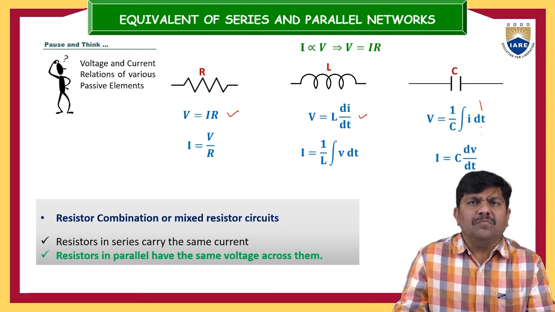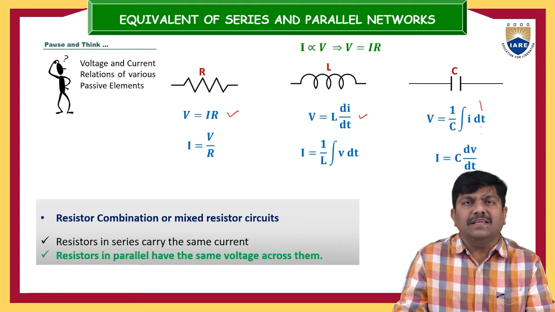Resistors may be joined in different configurations. Let us say there are 10 resistors. All 10 need not be in series connection. Some of them may be in series, some in parallel, and some in series and parallel combinations, like this.